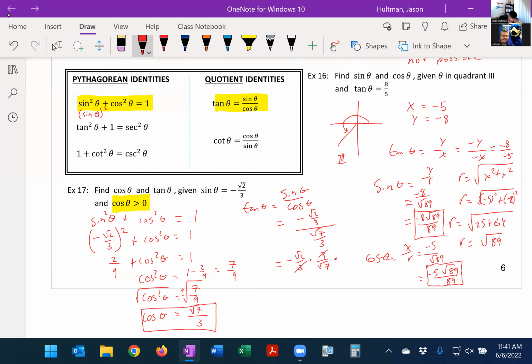I can rationalize the denominator by multiplying by radical 7 over 7. And I get negative radical 2 times radical 7, that's negative radical 14 over radical 7 times radical 7, which is radical 49. And the square root of 49 is 7. So I get negative radical 14 over 7, and that's my tangent of theta.